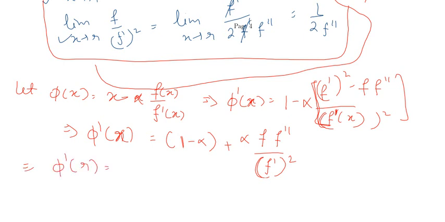What we have already obtained: 1 minus alpha plus alpha by 2. We have seen that the limit of this quantity is 1 by 2, alpha by 2. You need this to equal 0, so for what value of alpha? You solve it, and this implies alpha equals 2.